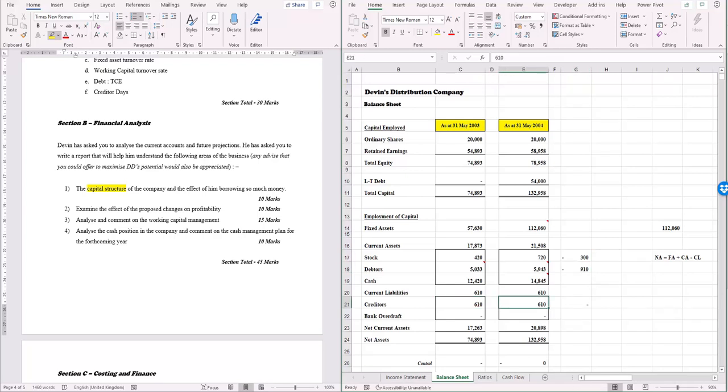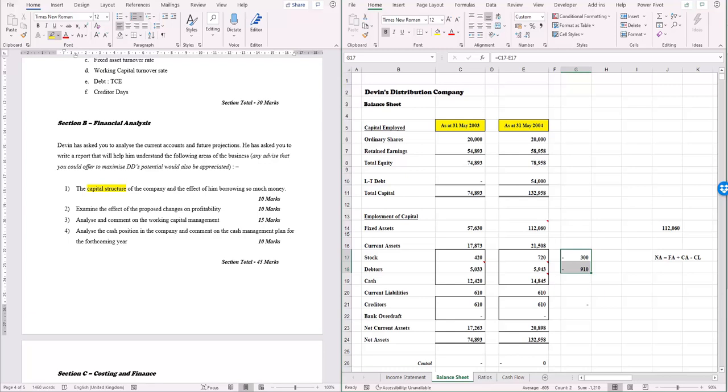In other words, try to get the creditors number up, because if creditors goes up, your cash would go up. But in this case, their creditors number is unchanged. So they're not getting any benefit from cash flow in the creditors, while it is detrimental to them in the stock and debtors.